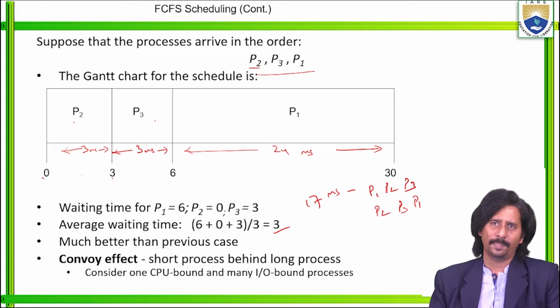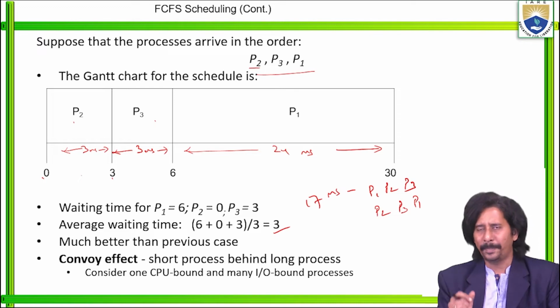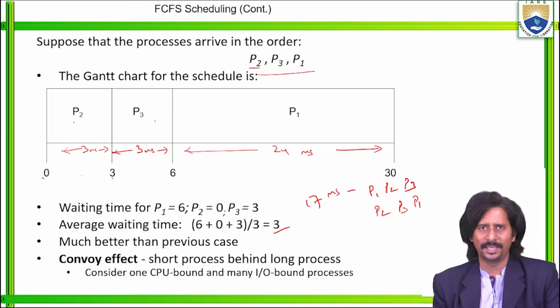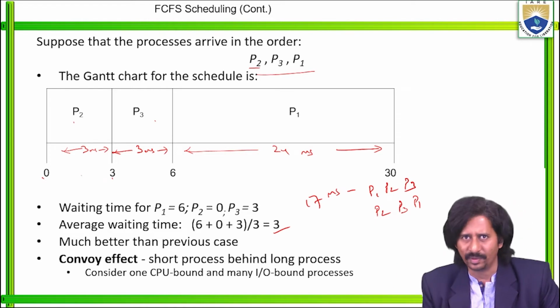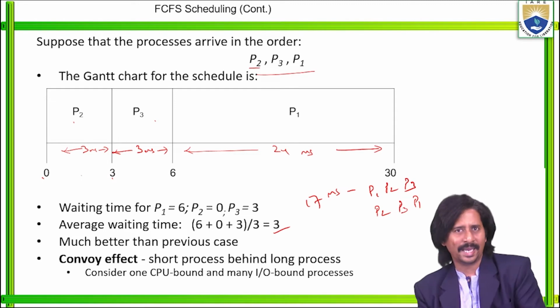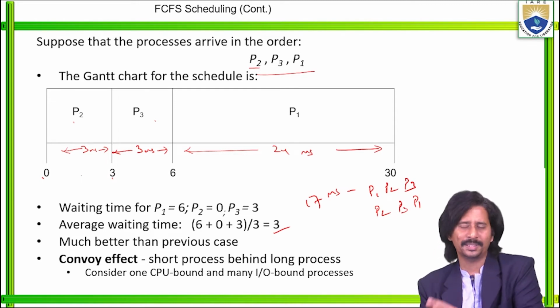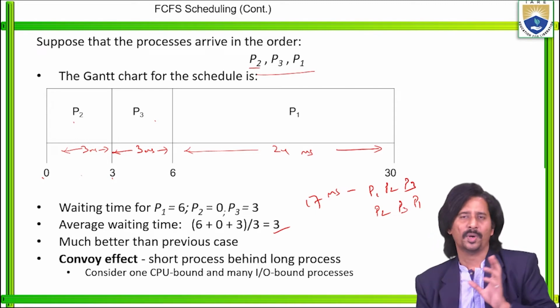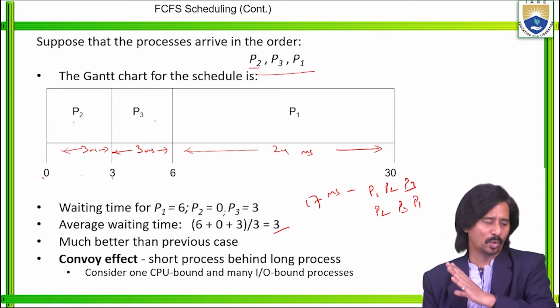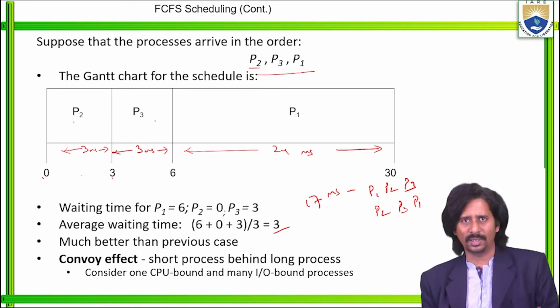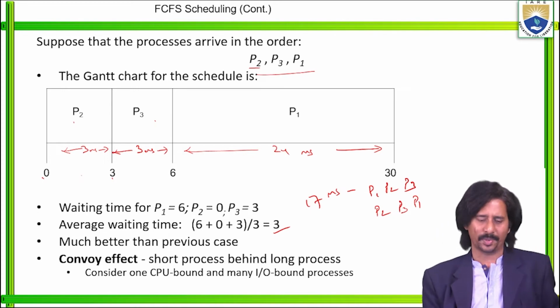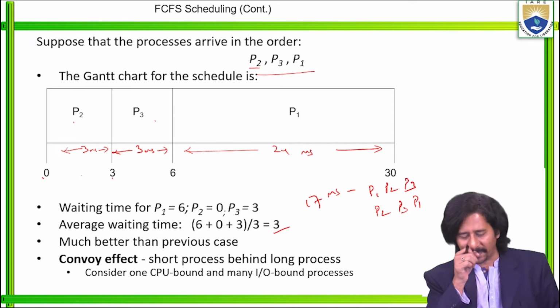Here P2 and P3 have a very small burst time of 3 milliseconds compared to P1, which has 24 milliseconds. In the order P1, P2, P3, the processor executes process P1, meaning the total 24 milliseconds are executed, and only then can the processor catch the second process. That is what we call the convoy effect.